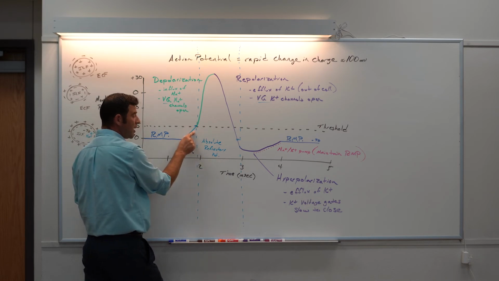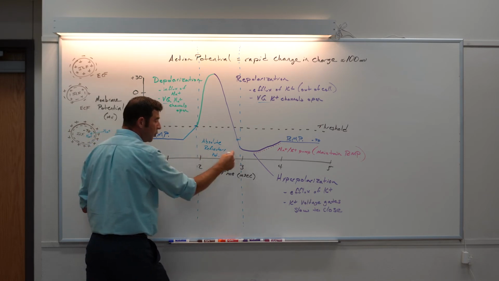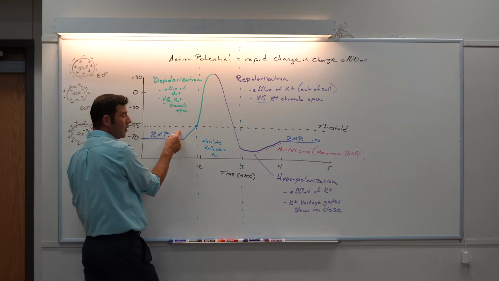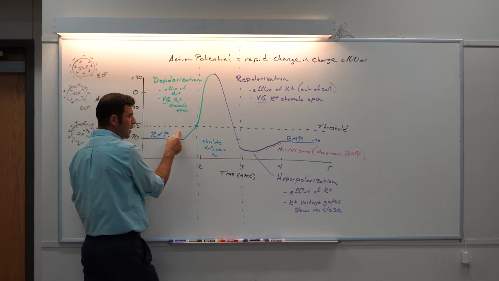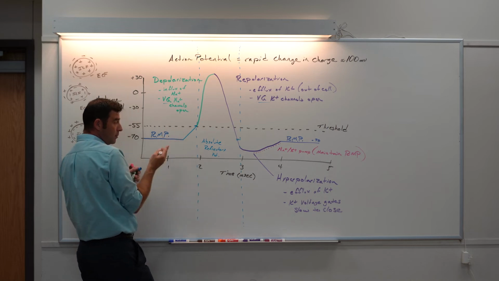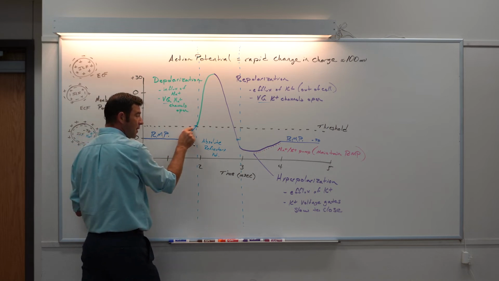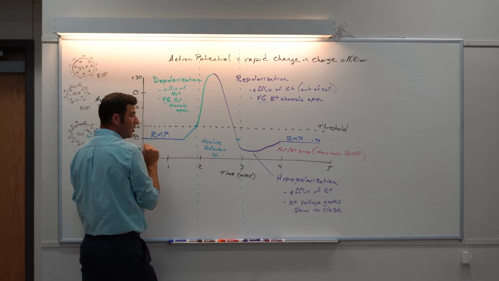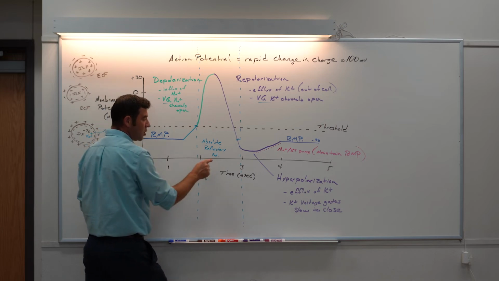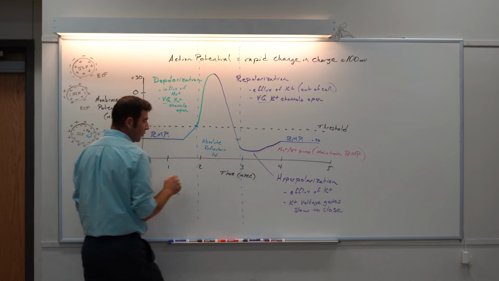You're not going to be able to generate another action potential until these voltage-gated channels have reset back to their original position. We're going to see the trigger that causes these voltage-gated channels to open, like we said, is negative 55 millivolts, and the signal that causes them to reset back to their original position is negative 70 millivolts.